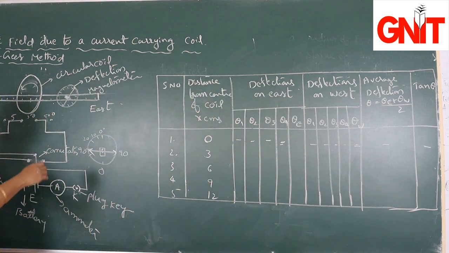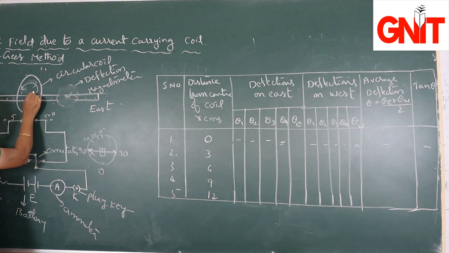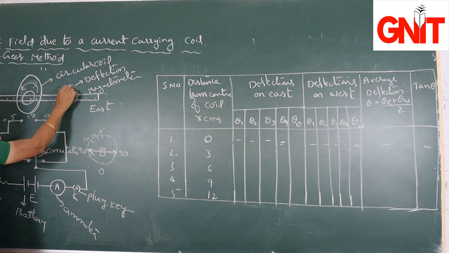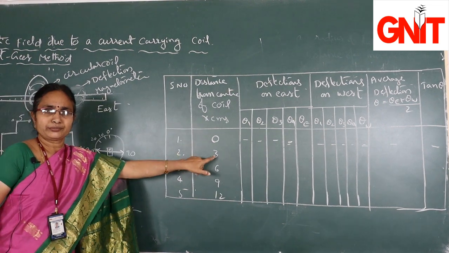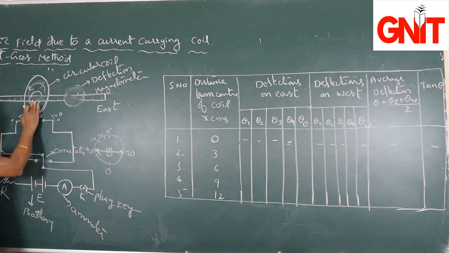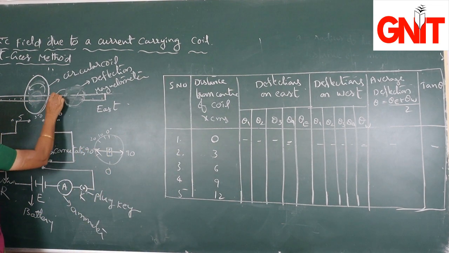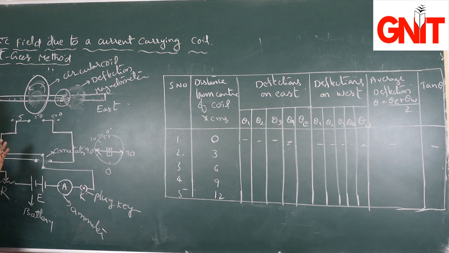After that what you do is, to start with, this deflection magnetometer will be at the center when you take x equal to 0. Now increase the distance of this magnetometer to one side. Increase the distance, say towards the east, towards this side.